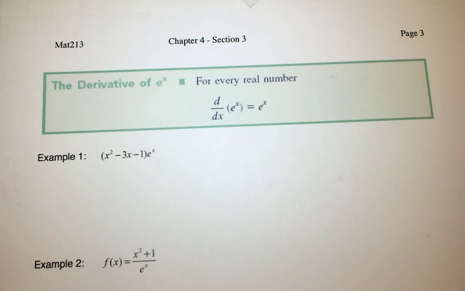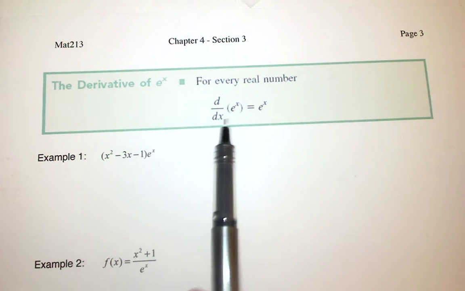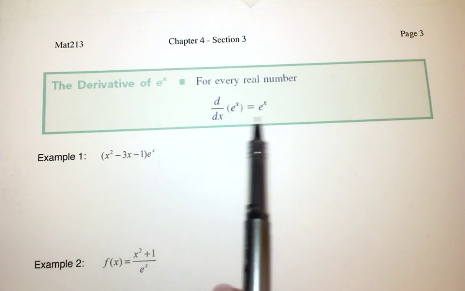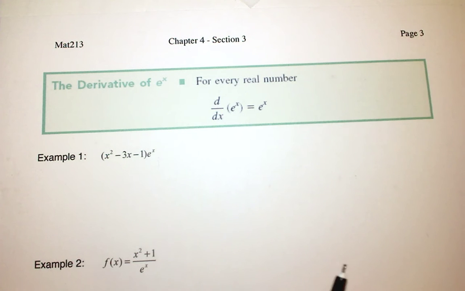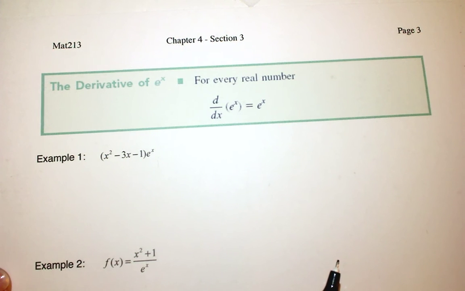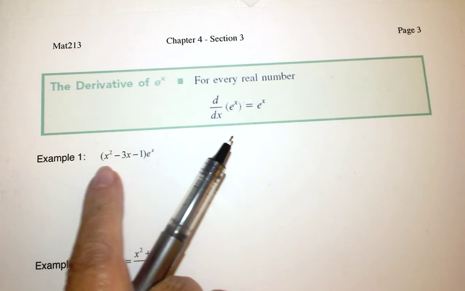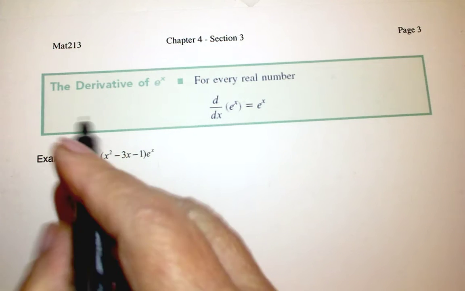In terms of doing the derivative of e to the x, it is really easy. The derivative of e to the x is e to the x, so the derivative of e to the x is itself. This would be product rule.